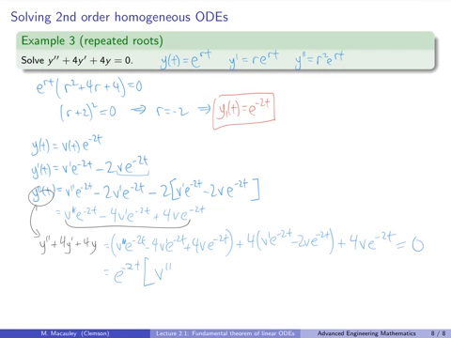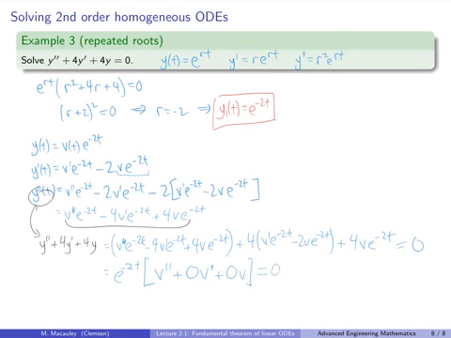We have negative 4 here and positive 4 there. So 0 v prime. And how many v's do we have? We have 4 here, negative 8 right here, and positive 4 here, so that's 0v equals 0.